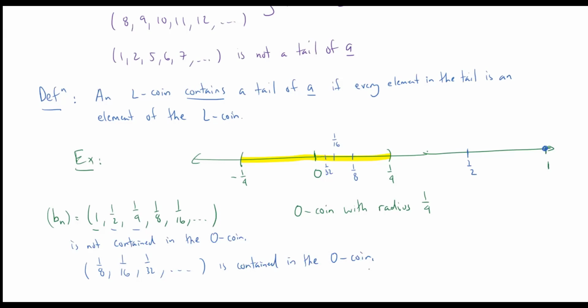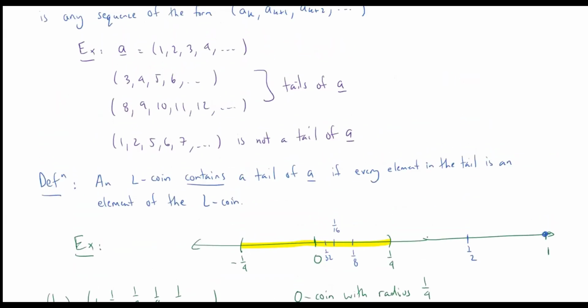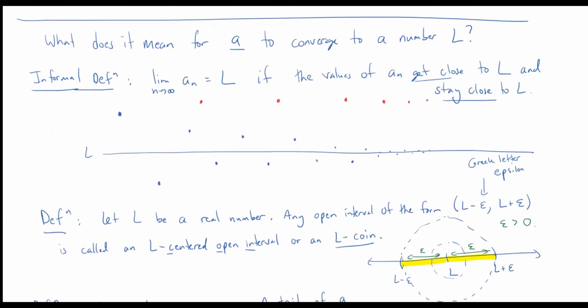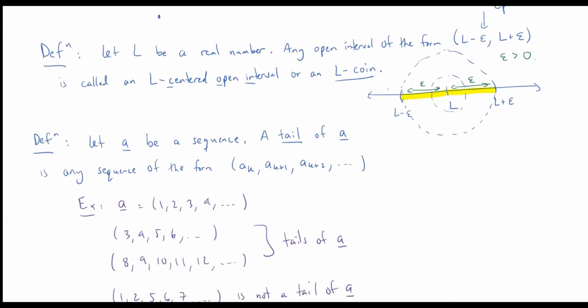So now let's go back to our informal definition. Our informal definition for sequence convergence was that the values of the sequence have to get close and they have to stay close. Getting close means you need to be inside one of these L coins: you write down some little interval around your limit and you get in there.